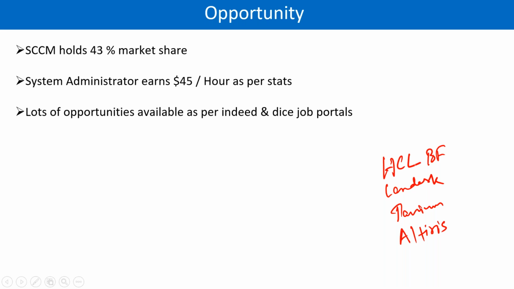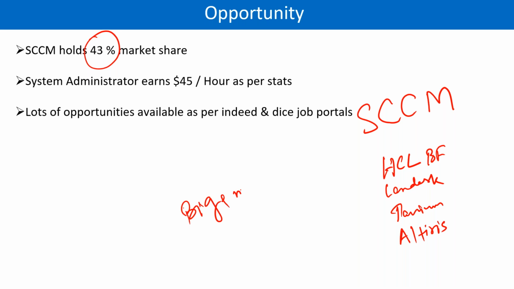But in terms of deployment and utilization, these competitors are way behind SCCM. SCCM is on top in terms of deploying and managing devices. It holds somewhere around 43% of market share, so it's a big number. Almost all big and medium-size companies have SCCM.